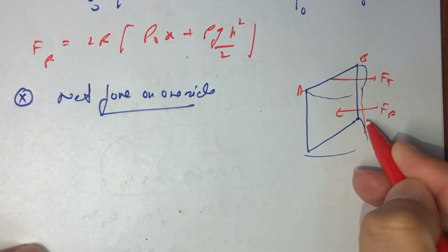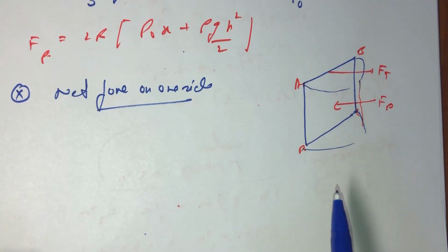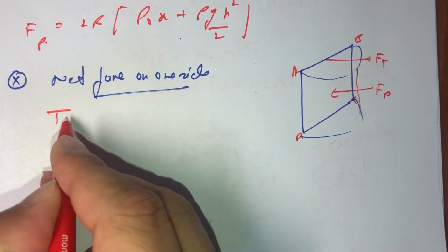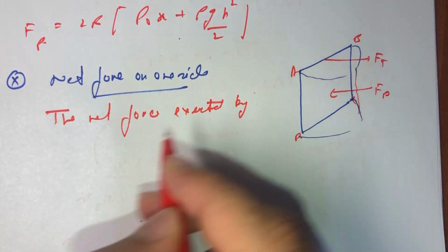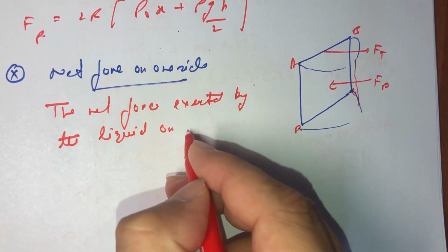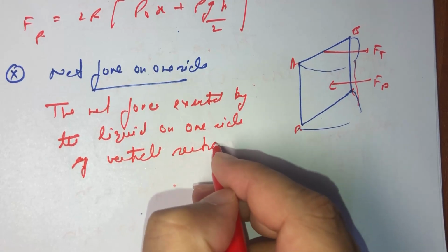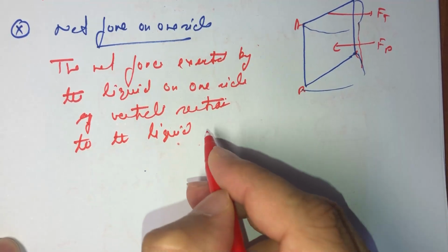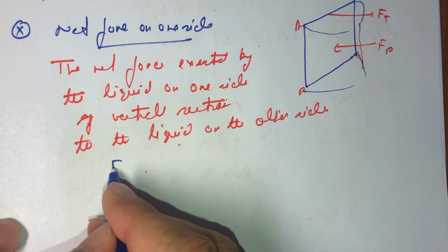So this is our A, B, C and D. Therefore the net force exerted by the liquid on one side of the vertical section to the liquid on the other side, let us call that F net.